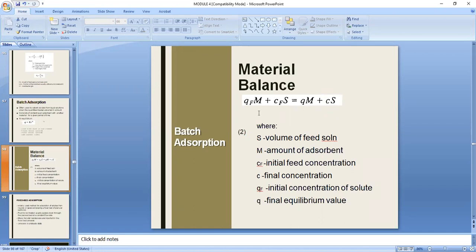Okay, it's just like input to output. So this side is for the input and this side is for the output. Again, this is taken from Coulson. So if you're not comfortable with this formula shared with you, McCabe has one. I think it's the same as this one if I'm not mistaken. Kuplis has one also.